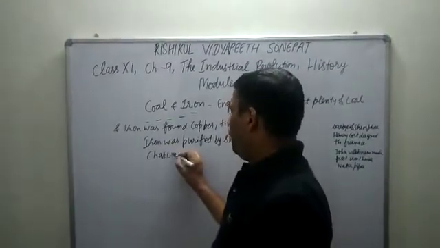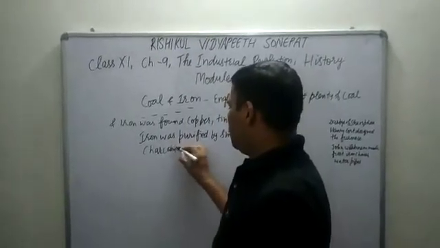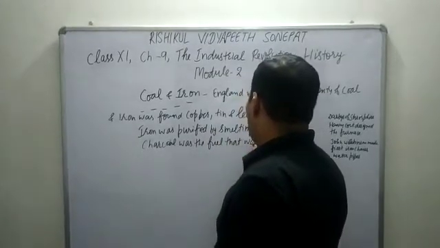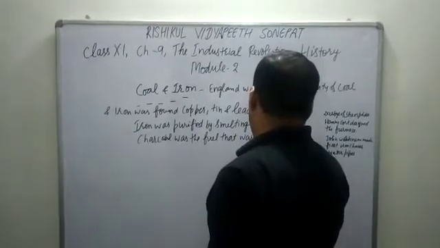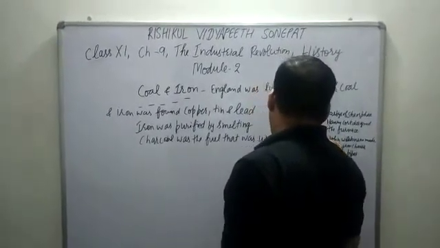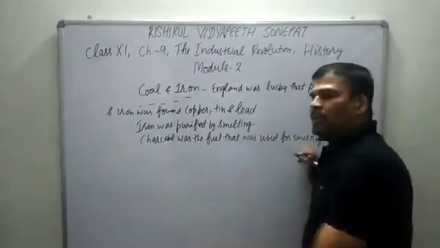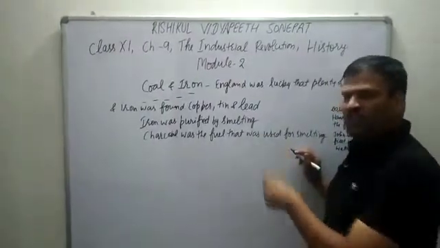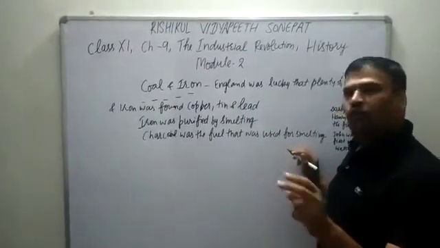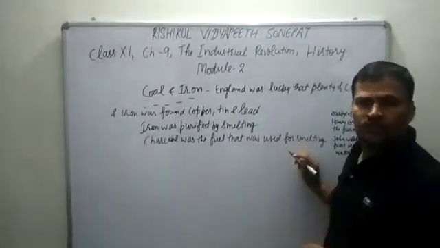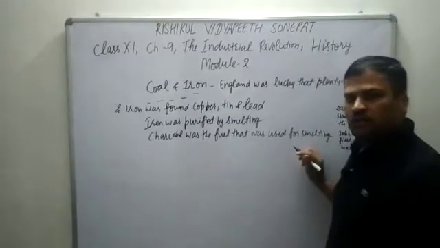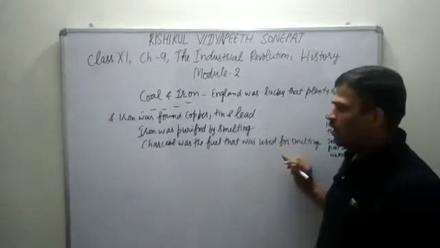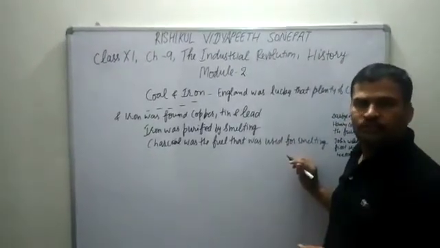Charcoal was the fuel that was used for smelting. Coal was available but they were not much aware of it. Charcoal was used for this smelting, and it was not giving good results, because charcoal was made from timber, and due to this excessive cutting of trees, there came a shortage of trees.